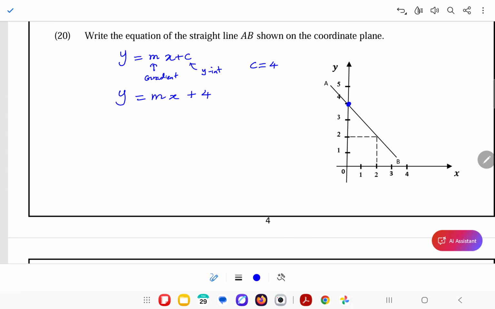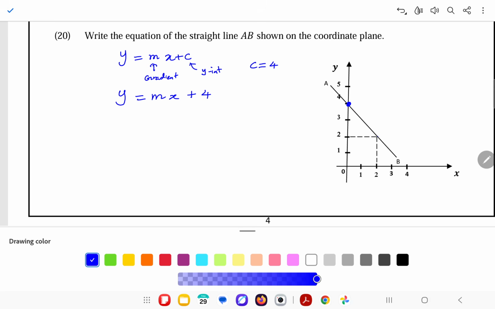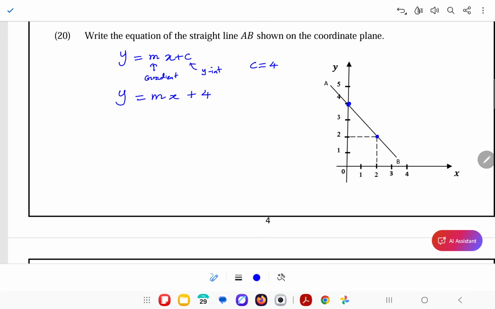Right. Now we have to find m. If you pick any point on the line and substitute it into the equation, you can find m. They have given another point, no? So use that. The x value is 2, the y value is 2. That point is on the line, so it has to satisfy the equation y equals mx plus 4.